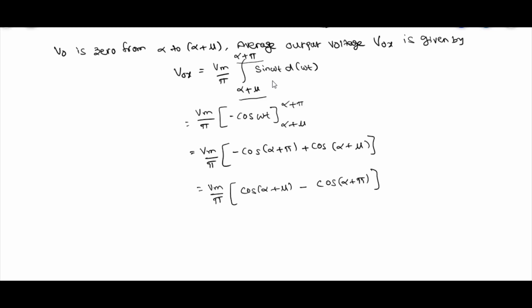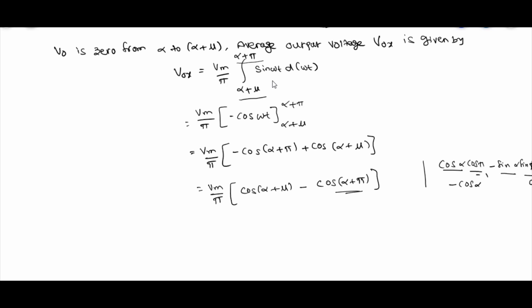Now this cos alpha plus pi, I can write as cos alpha cos pi minus sin alpha sin pi. So what will be the answer you will get for this? You will get minus cos alpha, right? Why? It is cos alpha and cos 180 is minus 1, and sin alpha and sin 180 is 0.